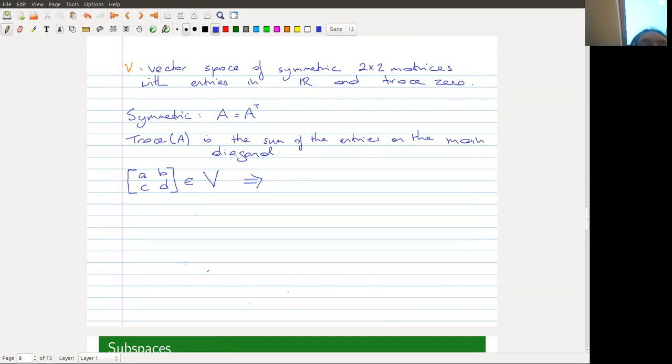So essentially, to go from this matrix to its transpose, we just swap the B and the C, and we have to get the same thing that we started with. So we must have B is equal to C for symmetry, and that A plus D is equal to 0 for the trace to be 0.